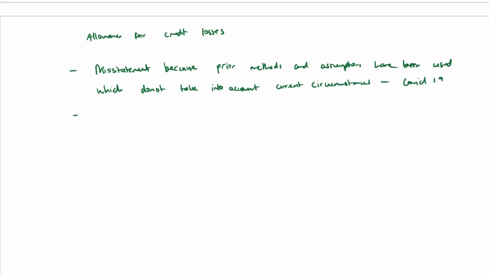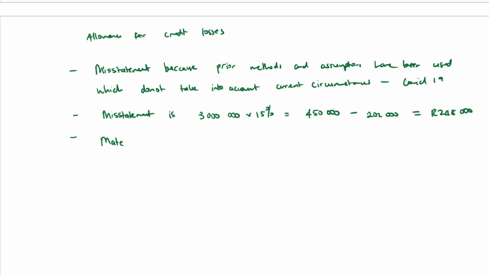The misstatement is $3 million times 15%, 450, less what they've recorded as 202, which equals 248. It is material quantitatively because it exceeds final materiality of 220. Just.